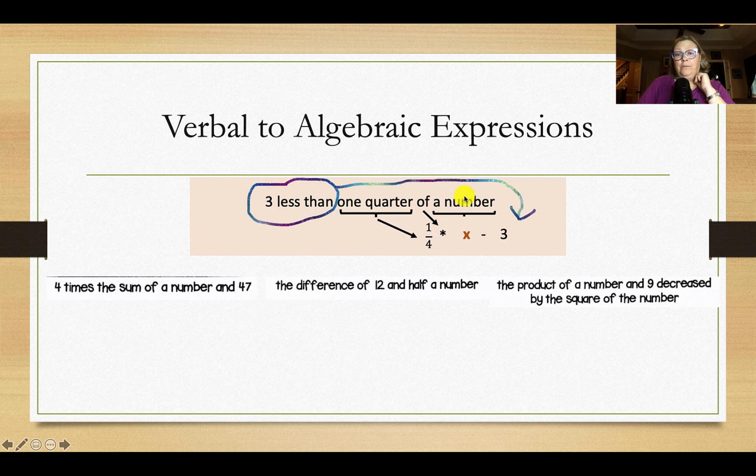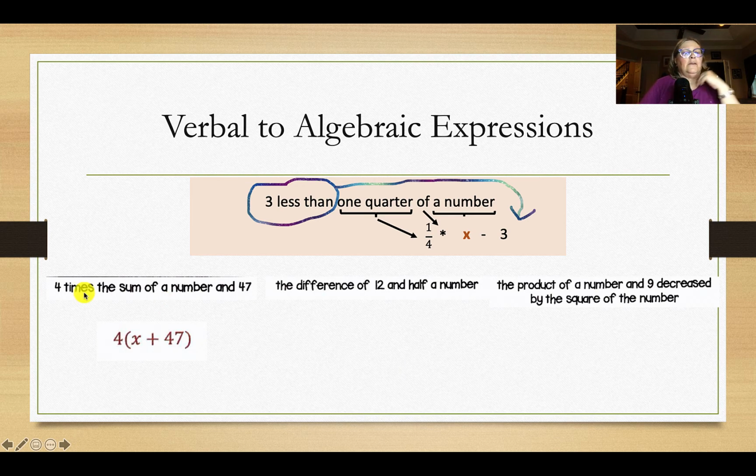A number, I always like to represent by x. 1/4 of a number means 1/4 times x. And then 3 less than 1/4 of a number. So 3 less than 1/4 times x becomes 1/4 times x minus 3.